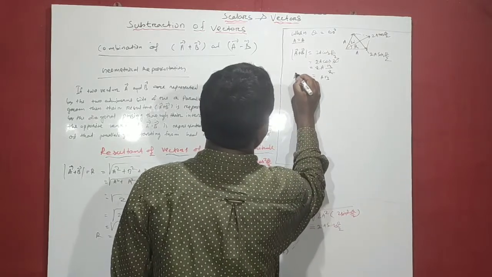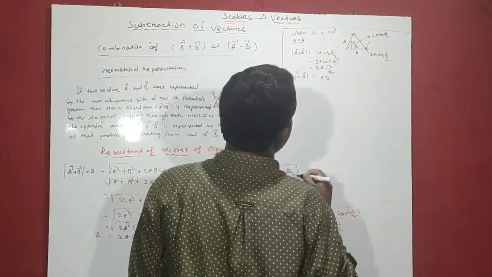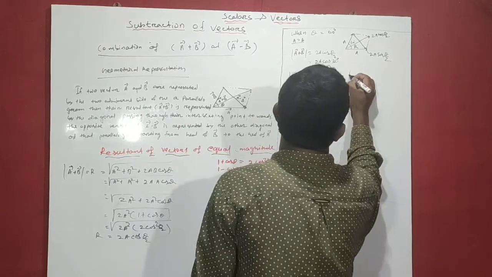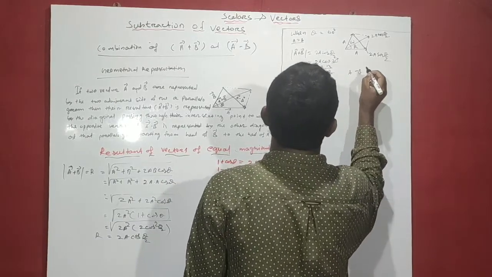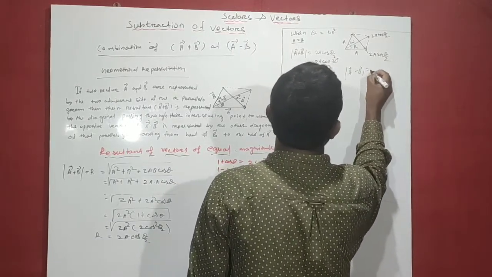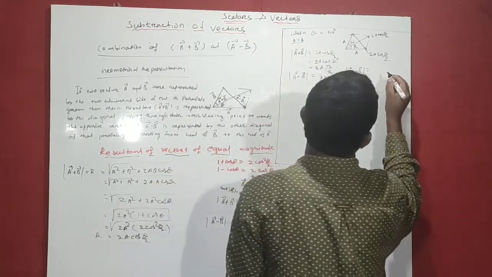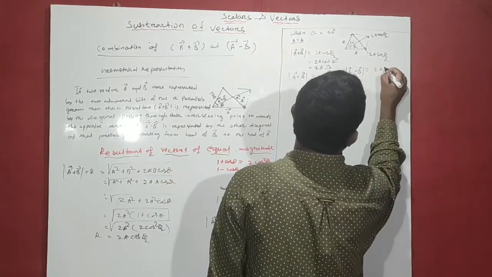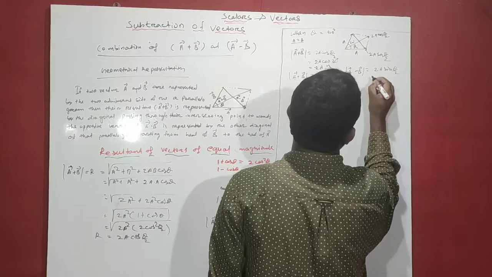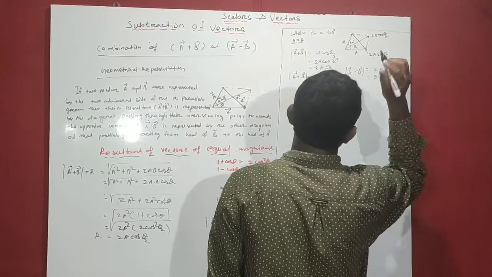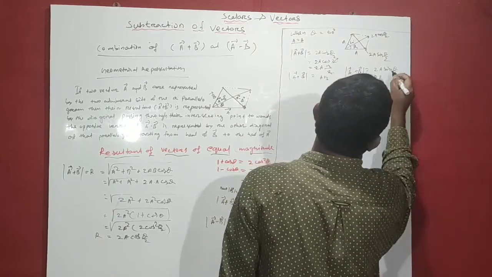A plus B. A difference B. A difference B is 2A sin theta by 2, which is 2A sin 30 for 60 degree by 2.